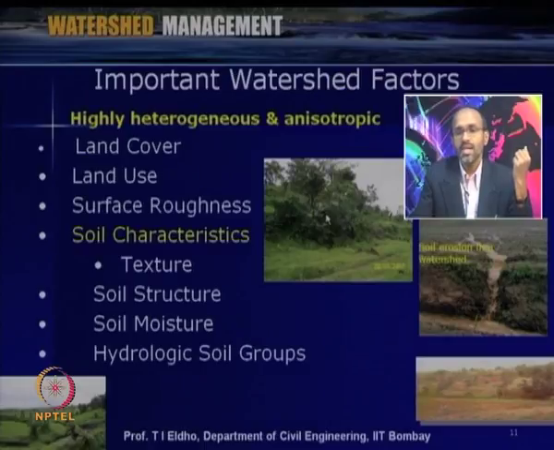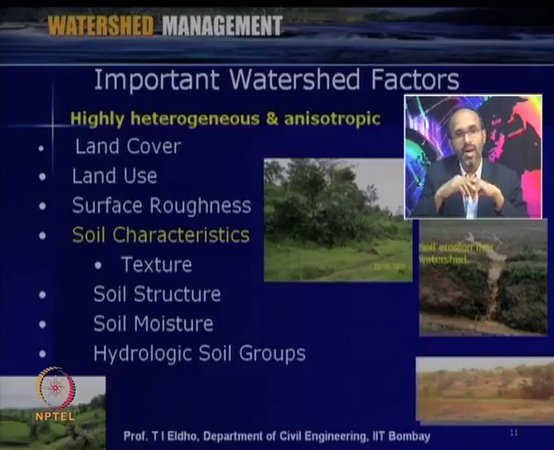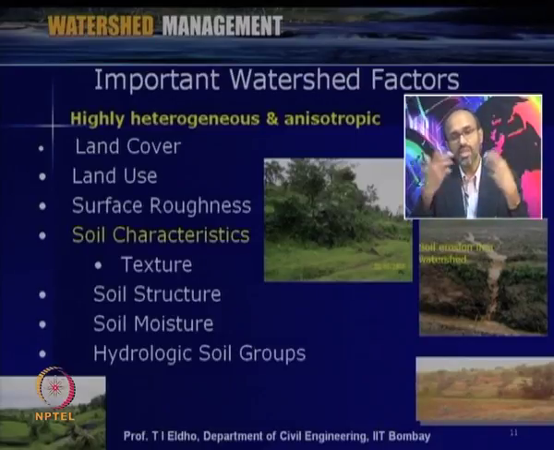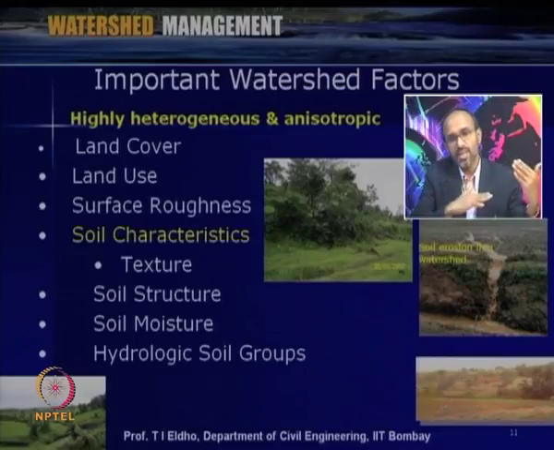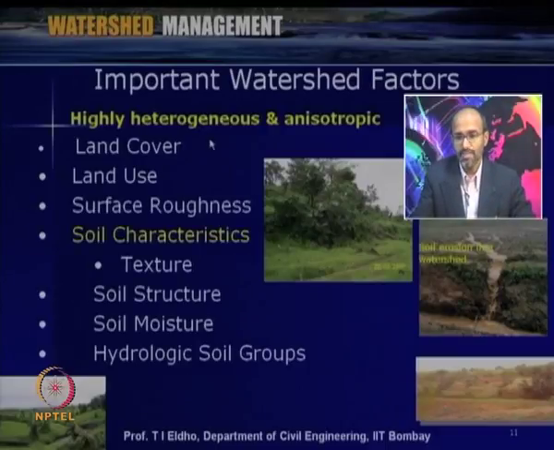Here you can see the relief is changing, the slope is changing, the land use is changing. All the parameters are changing from one location to another, and also direction-wise. That is why, when we go for watershed modeling, we have to consider the watershed as highly heterogeneous and anisotropic. Any parameter will vary from one location to another, length-wise or location-wise.